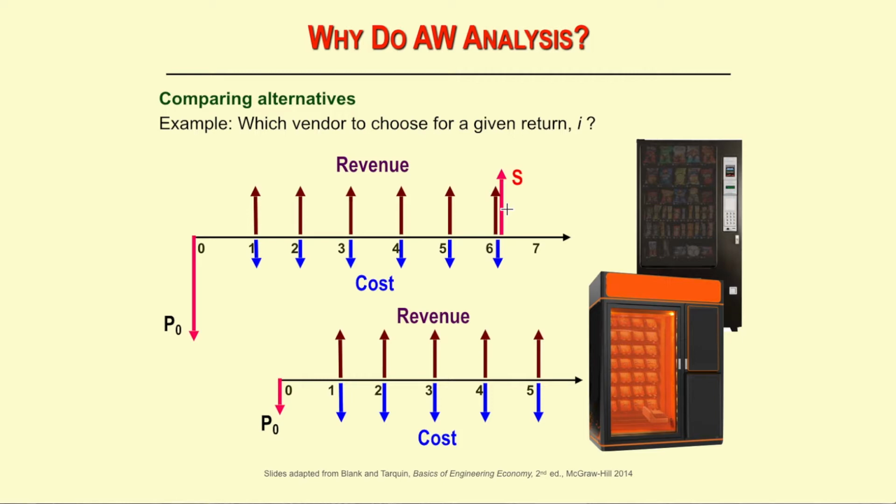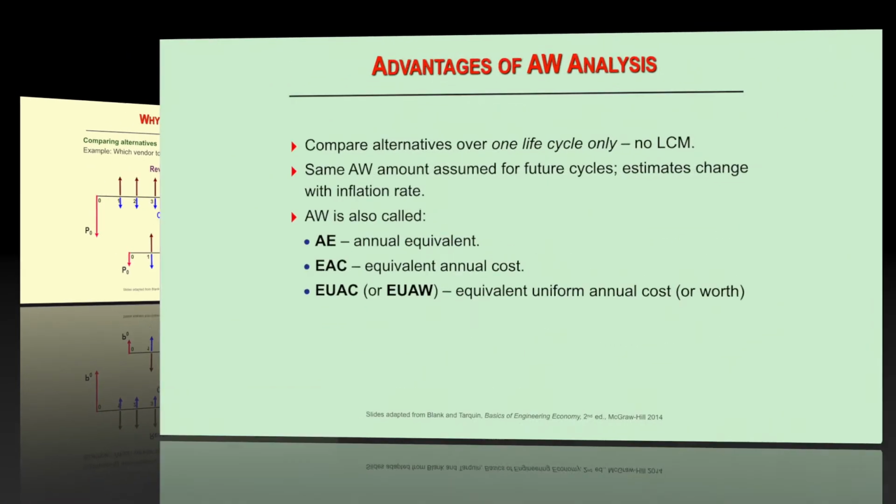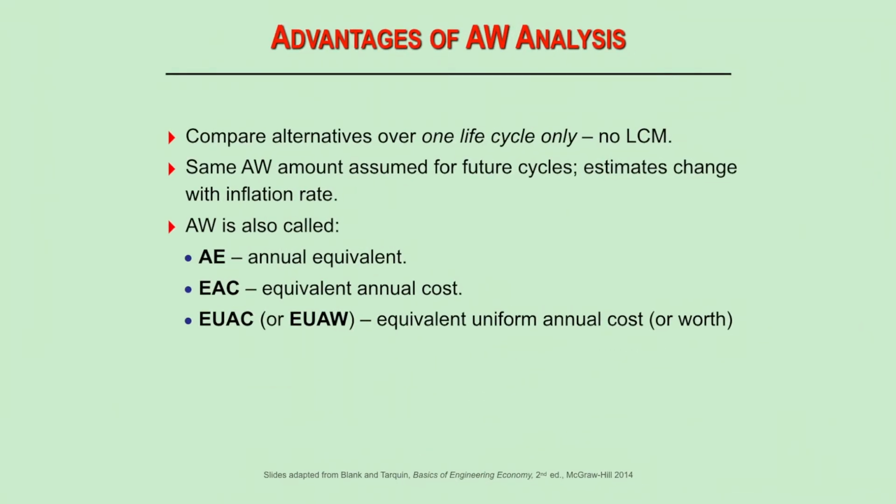By using annual worth analysis, all these cash flows are converted into annual worth values for a given rate of return, which then becomes the basis for comparison and determining which vendor is more profitable or economical for that given rate of return. Annual worth analysis is preferred over the present worth analysis due to these advantages.